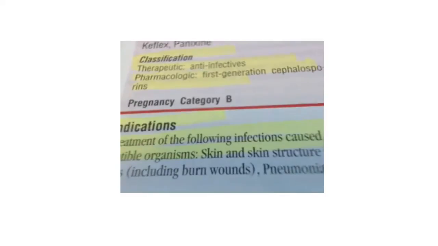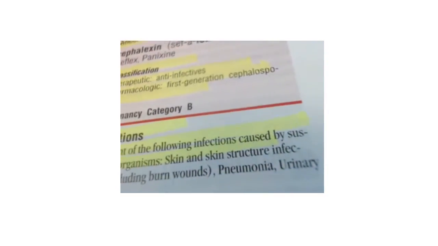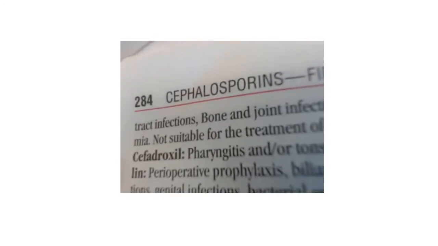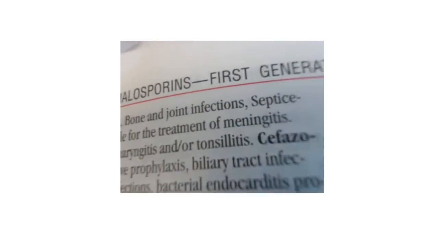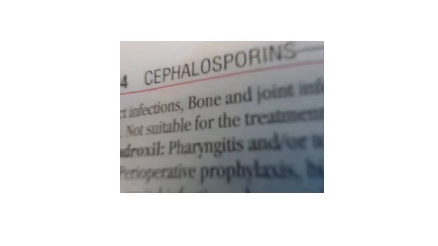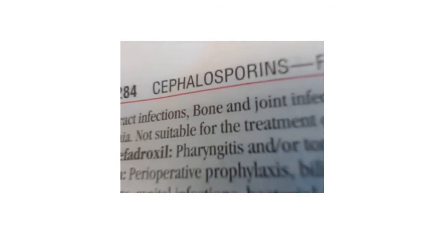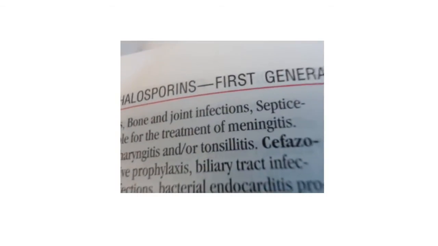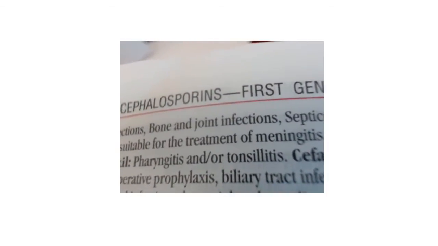Such as wound infections, for pneumonia, for urinary tract infections. So there's many types of infections it can be used for. For bone and joint infections, what you need to know is that it is used for bacterial infections as an anti-infective. It is not effective for the treatment of meningitis.